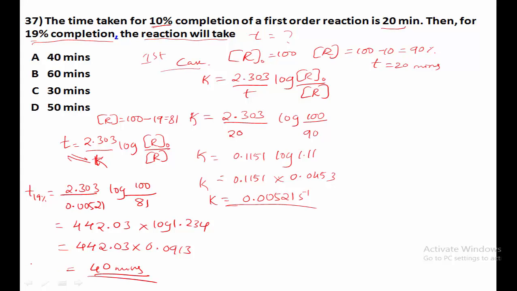Okay, this is the value of T for 19%. That is, the time taken to complete 19% of the reaction is 40 minutes. Therefore option A is the right answer.